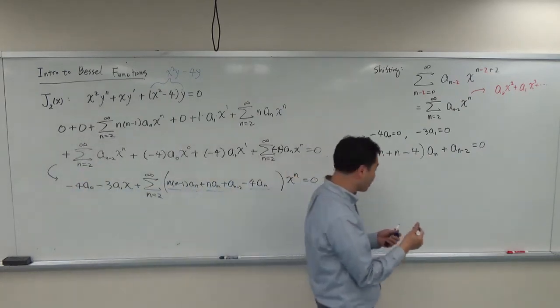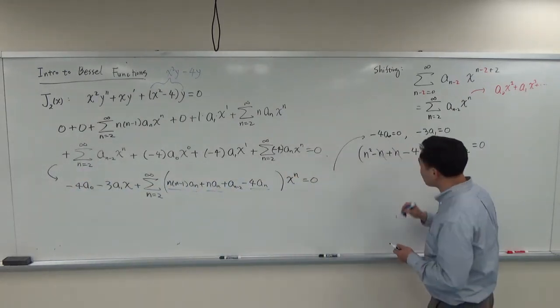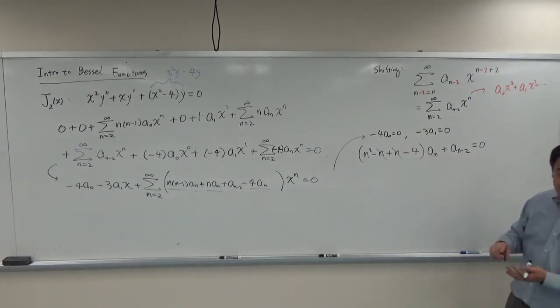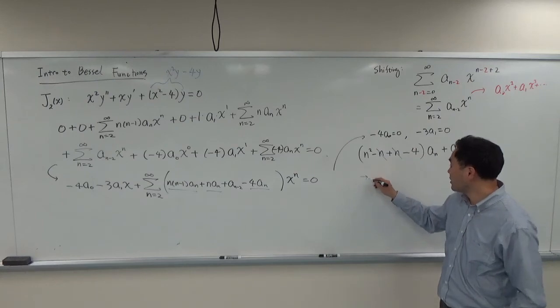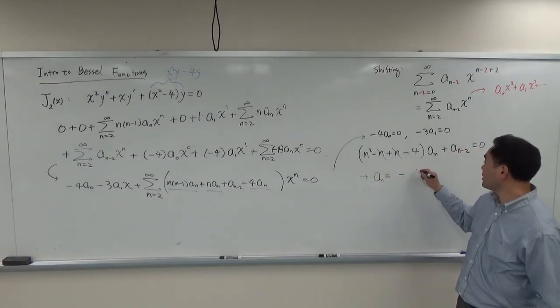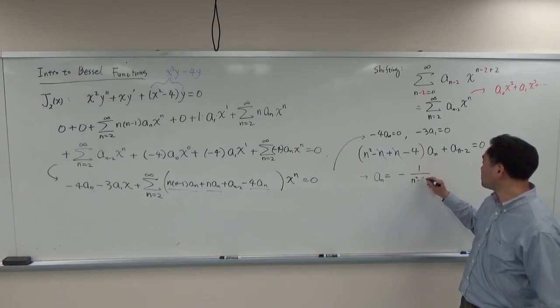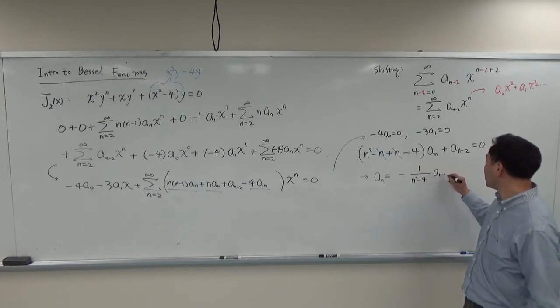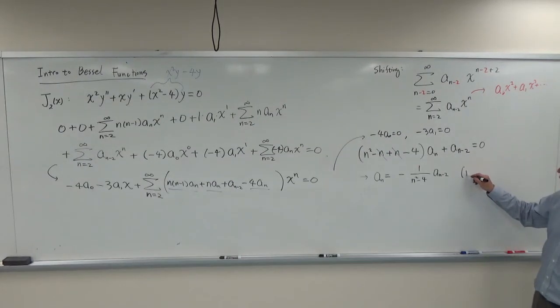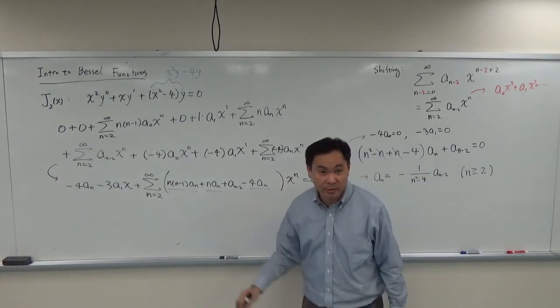That's what I put. And moreover, this can be canceled, and with this, I can solve for an. So I get that an must equal negative 1 over n squared minus 4, times an minus 2. And this is true for n 2 or greater, because this is true for 2 or greater, right?